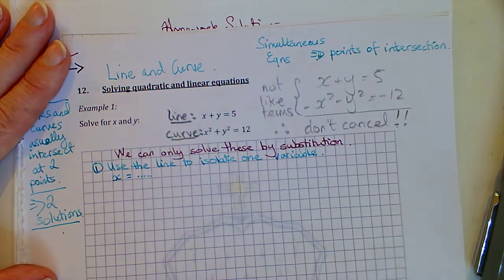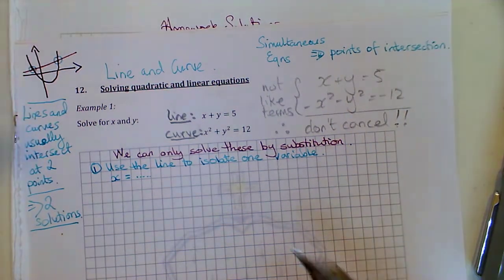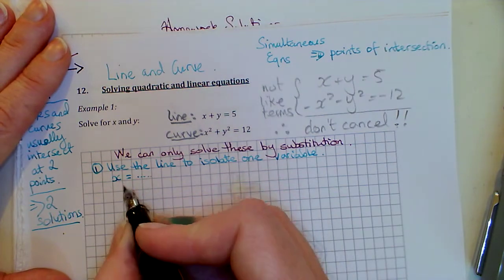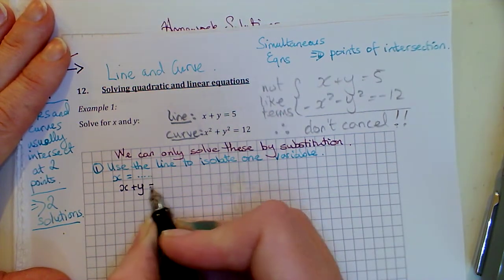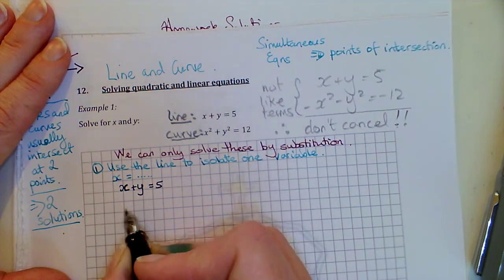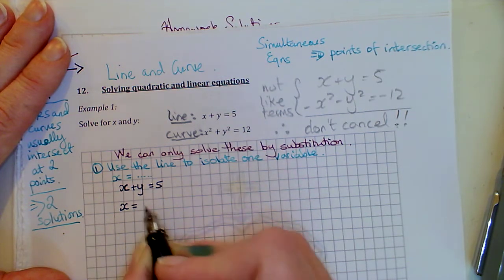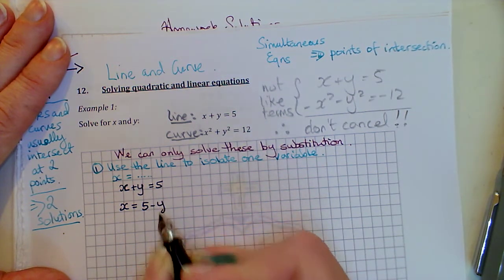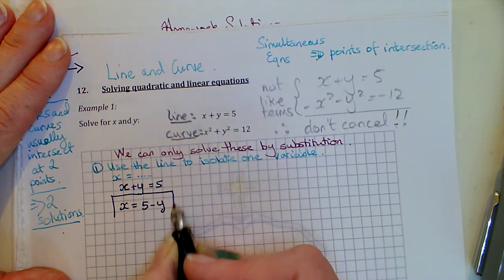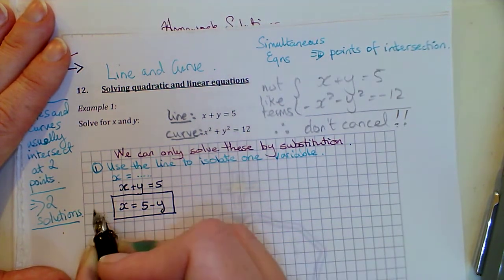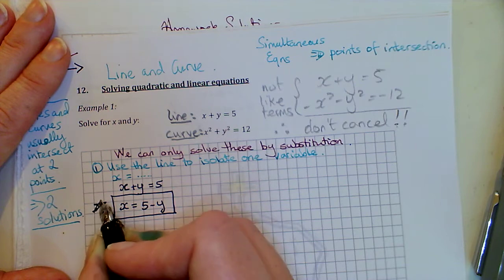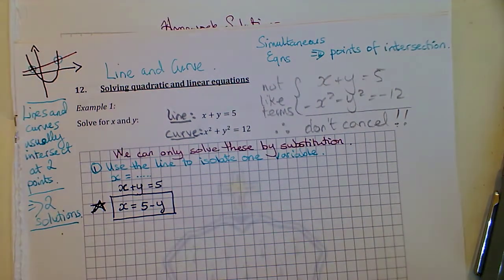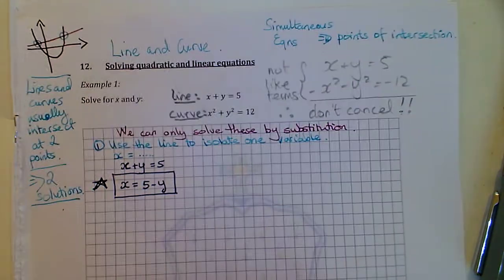Let's look at what we have here. Instead of x plus y equals 5, we manipulate our formula and we say that x is equal to 5 minus y. As soon as you've done that, you want to put that in a box and call it star and label it with whatever symbol you want. You want to make it really clear because you're going to need this later.